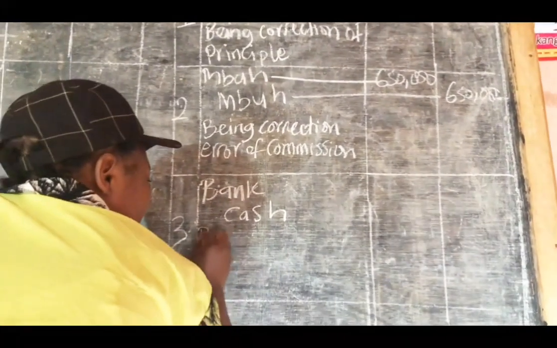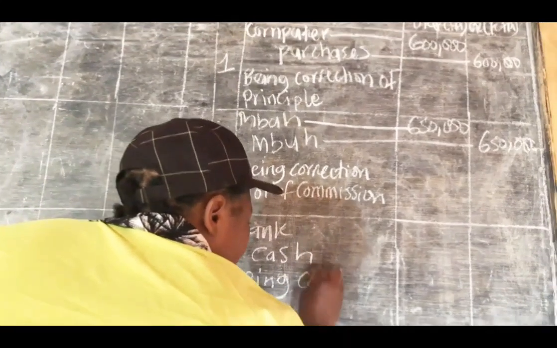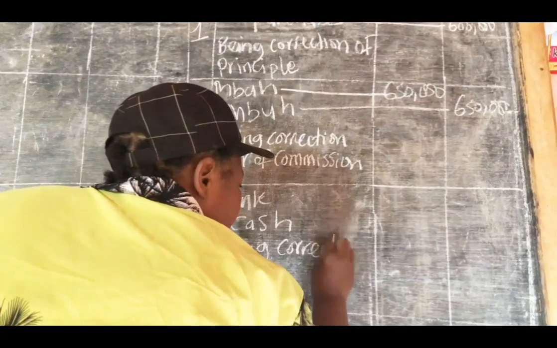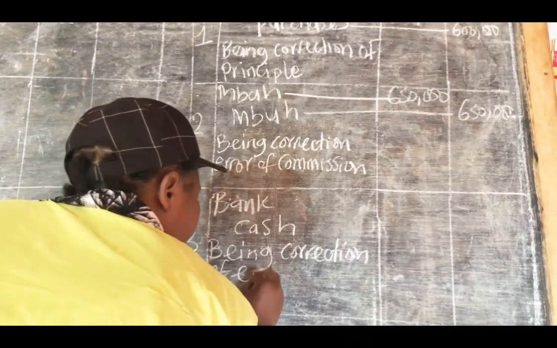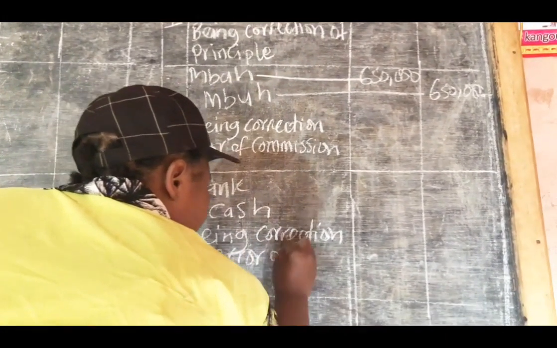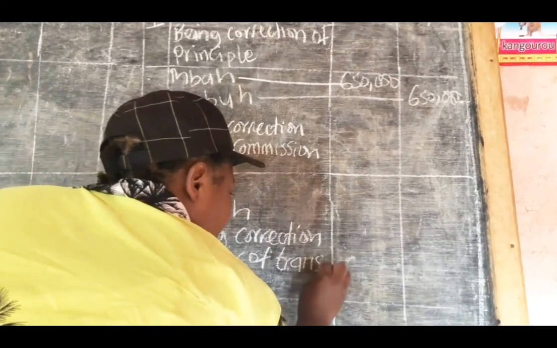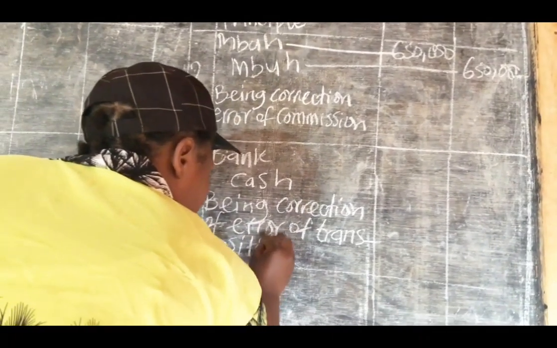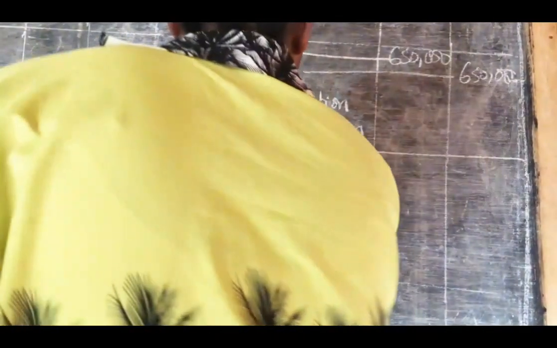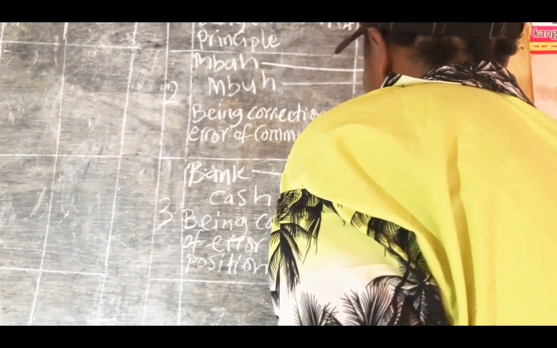Narration is being correction of error of transposition. With the amount 180,000.